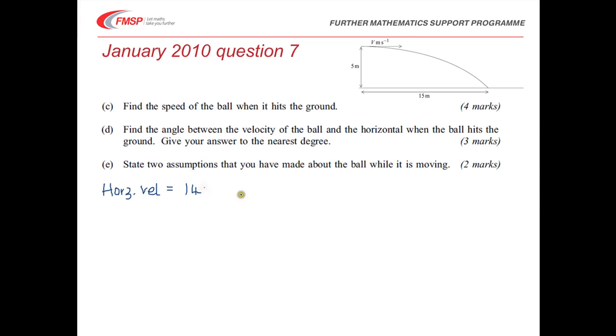So that was the 14.849, and again I'm giving it in its accurate form. Remember that it remains unchanged because there is no horizontal force, so there is no horizontal acceleration, so that velocity remains constant.